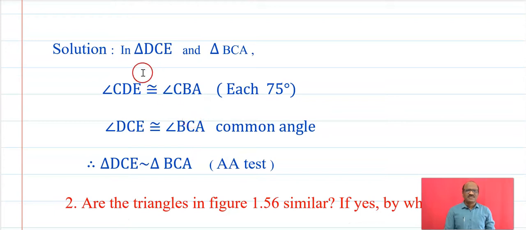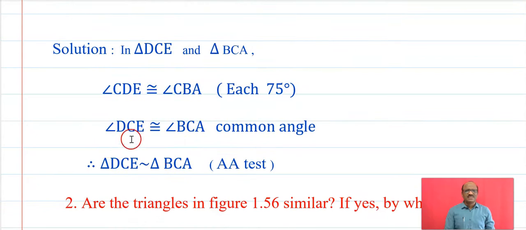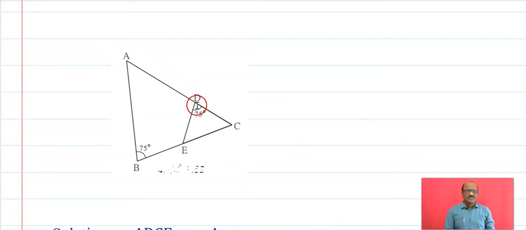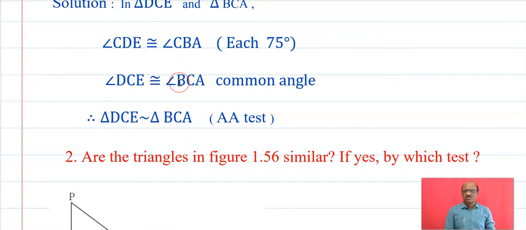The measure of angle CDE is congruent to the measure of angle CBA, that is 75 degrees, and one more angle is common, which is angle C. That is, angle DCE is congruent to angle ACB, and therefore, as these two angles are congruent, triangle DCE is similar to triangle BCA, by the angle test.